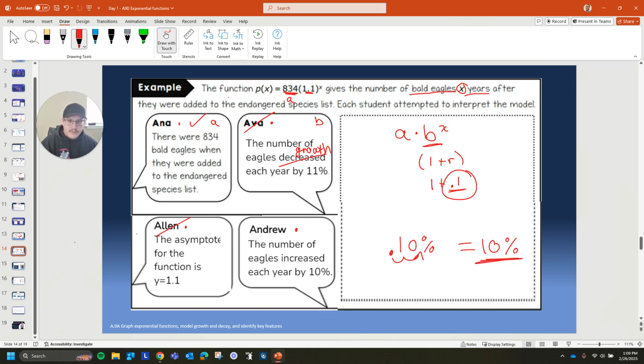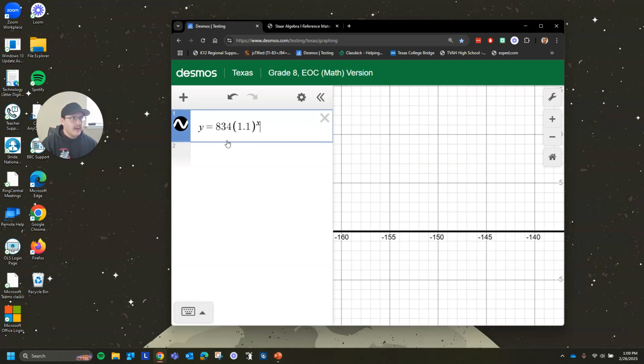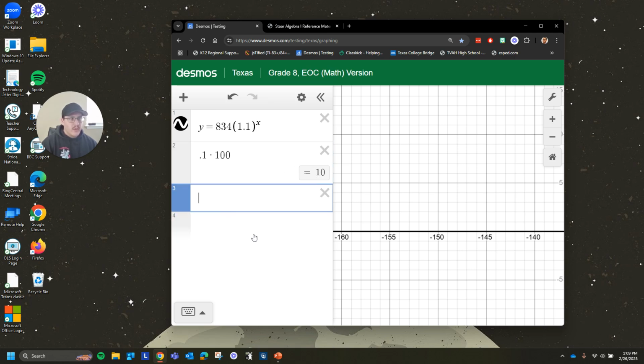Or you can take 0.1 and then multiply by 100, and you will get your percentage, which is 10%. Just like we did with percent to decimal, let's say we want to go from 10% to decimal, we divide by 100, we get 0.1.